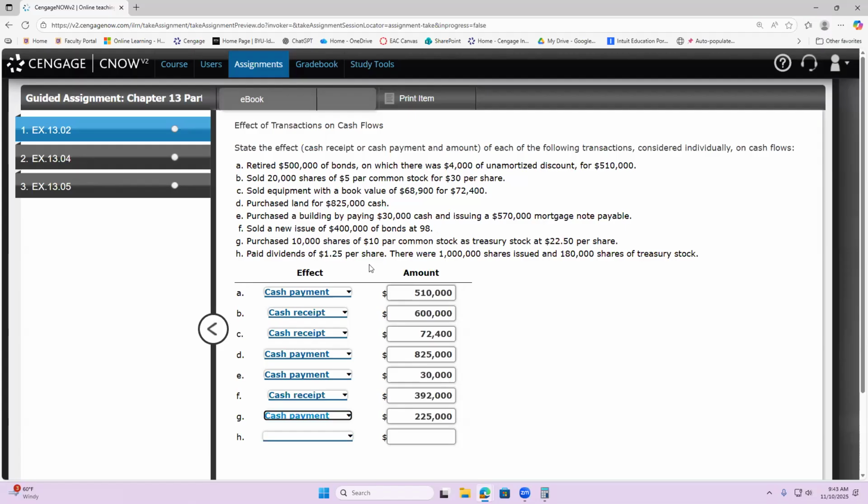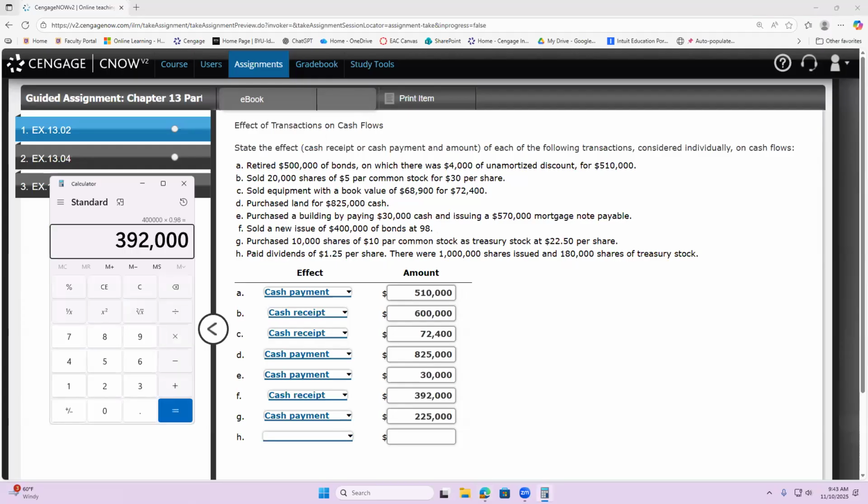Paid dividends of $1.25 per share. There were 1 million shares issued and 180,000 shares of treasury stock. They're messing with us again. We know, because we're smart, that we don't pay dividends on treasury stock. So I'm going to take 1 million shares minus the 180,000 that are treasury stock, which tells me how many shares of stock I have outstanding, 820,000.